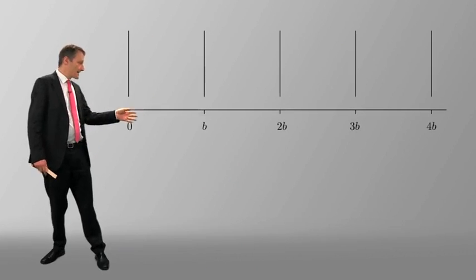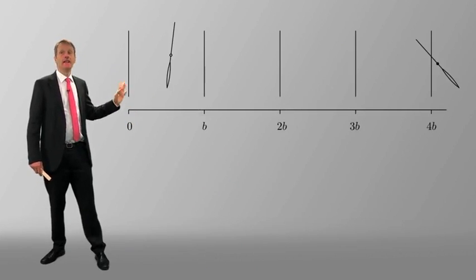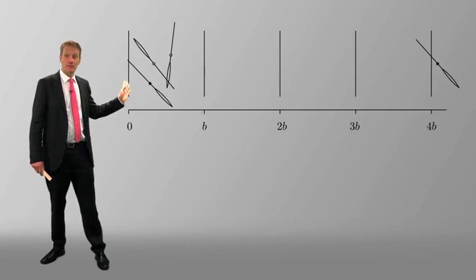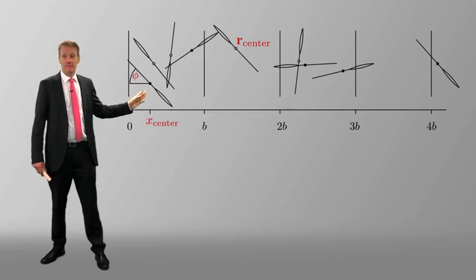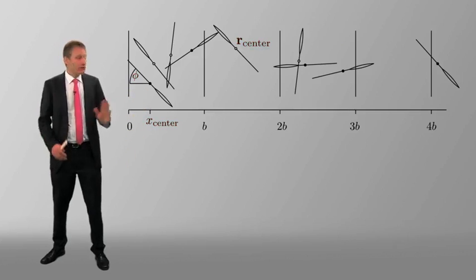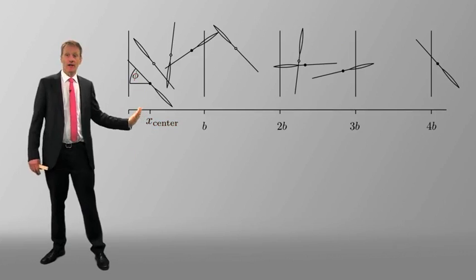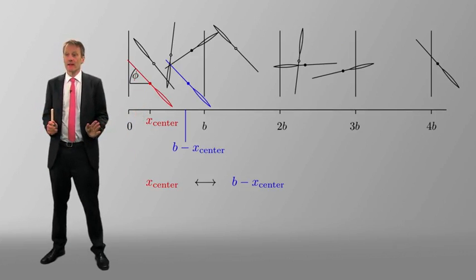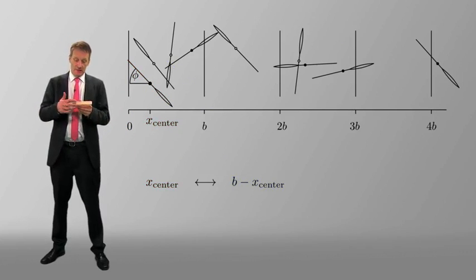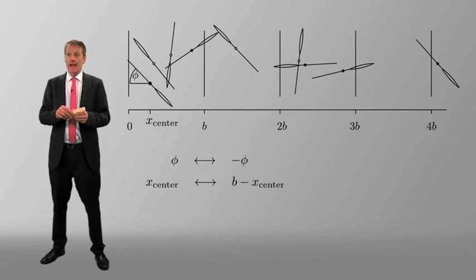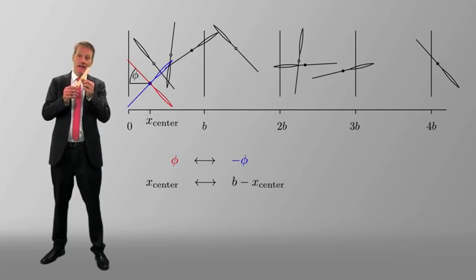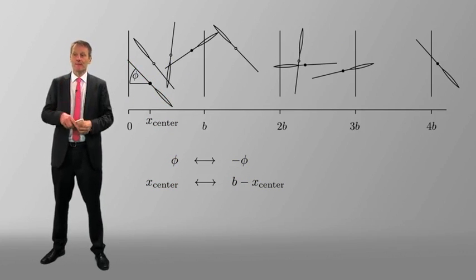So let us introduce variables x and y. Clearly y is irrelevant to the problem, and we keep r center and phi. All the cracks in the floor are equivalent, and there's a symmetry between the tip and the tail of the needle, and there's also symmetry between phi and minus phi.